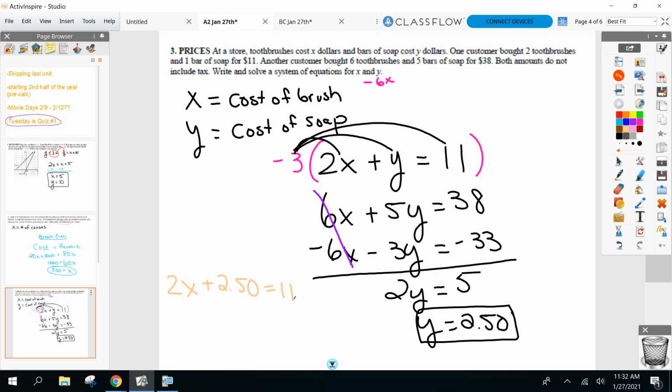I could have also picked the second equation to plug in for. I always go for the easier one. Let's face it, we all do. Whatever looks easier. And then go ahead, you're on your way now. Find how much a toothbrush costs.